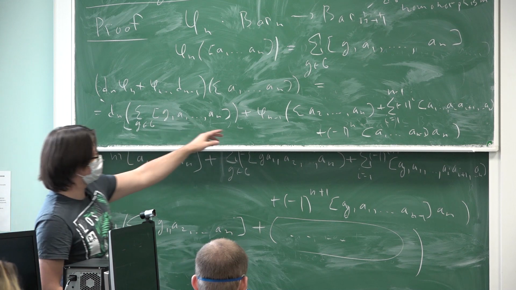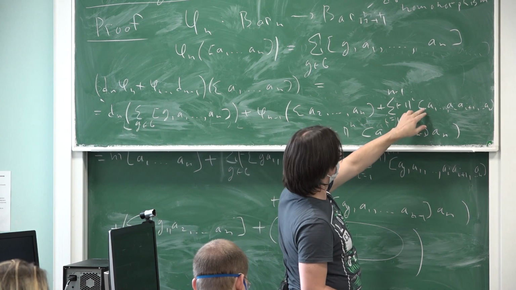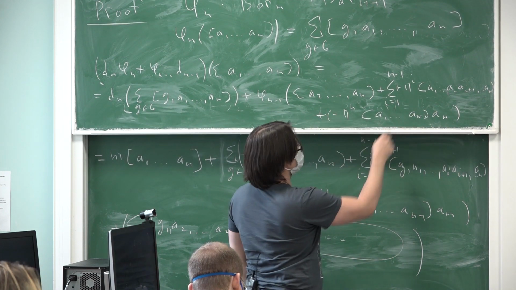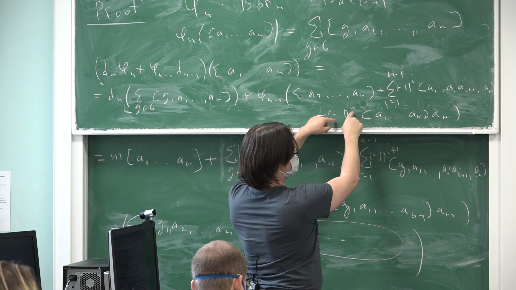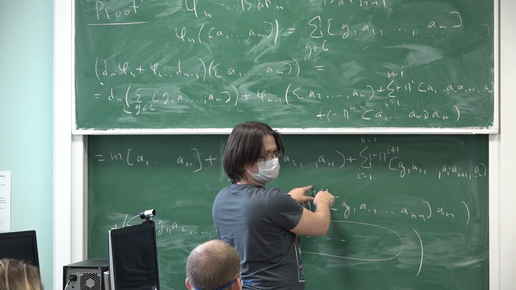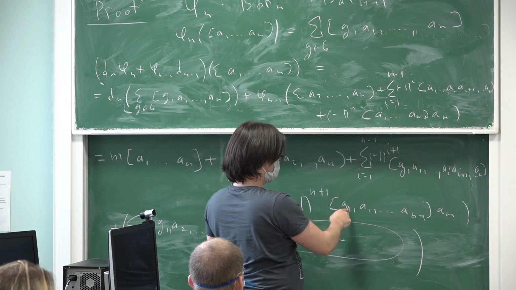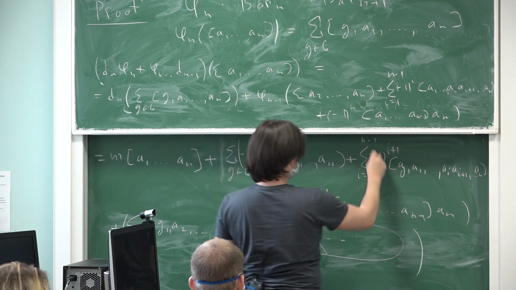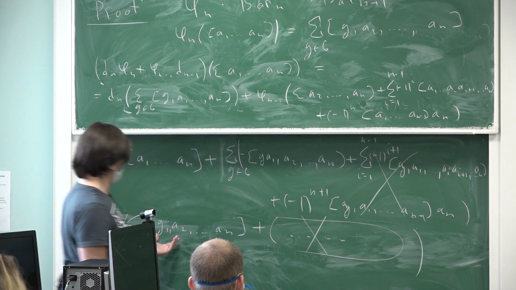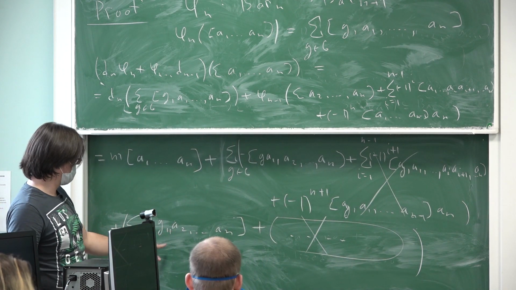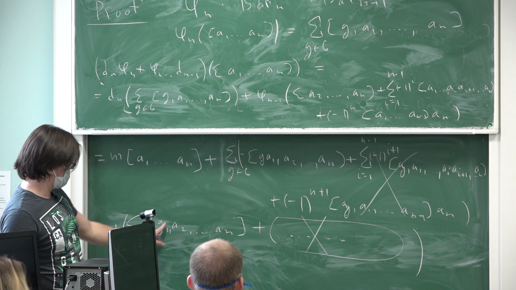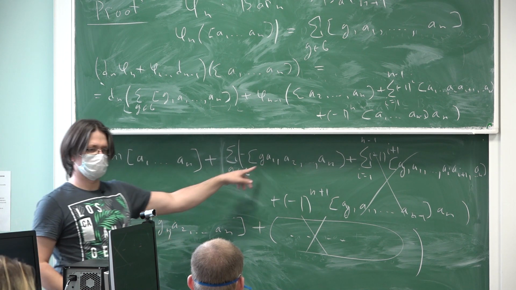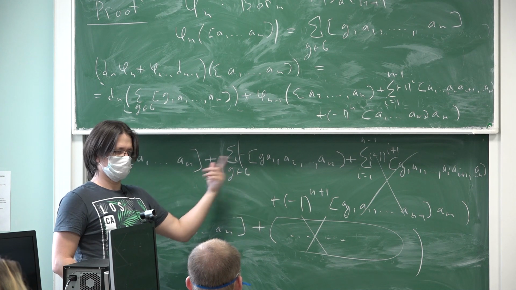It's easy to see. Here you put g, and you get the same guys, and here I plus 1, and here I. And here you have n, and here n plus 1, minus 1 in the nth and n plus 1th power, but you again put g here and get the same thing. So this guy cancels this, and now one can easily see that this and this, when you take the sum over all g, is the same thing.